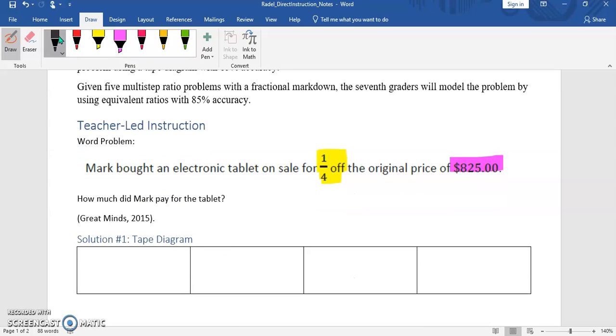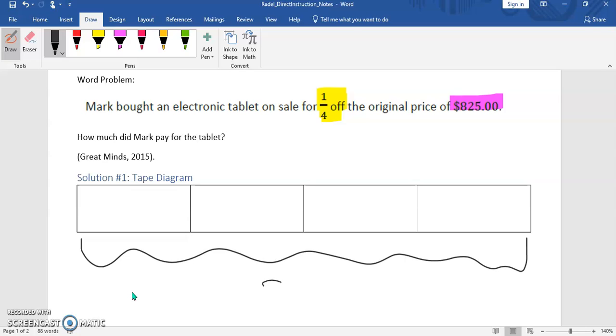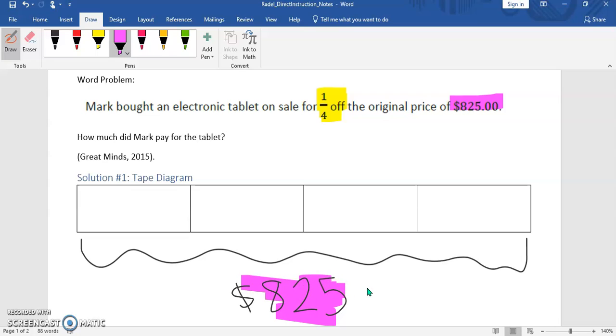Okay, so I know that this entire tape diagram is going to represent the original price of $825. And now I want to figure out what's the amount in each of these 1/4 pieces. The easiest way to do that is to divide 825 by 4.